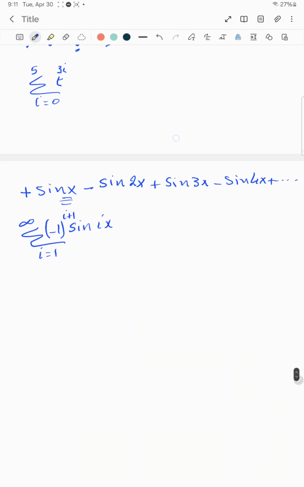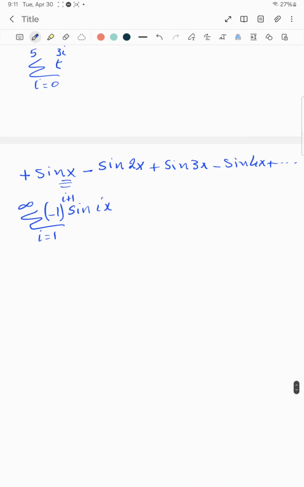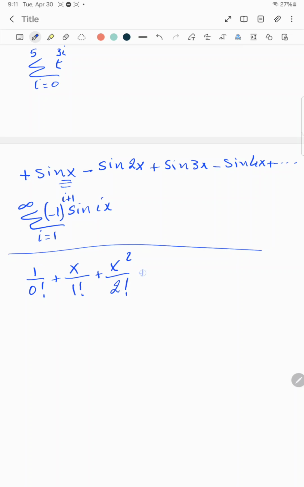Let's do our last exercise for this video. If I have 1 over 0 factorial plus x over 1 factorial plus x squared over 2 factorial plus x to the power of 3 over 3 factorial plus x to the power of 4 over 4 factorial plus x to the power of 5 divided by 5 factorial.